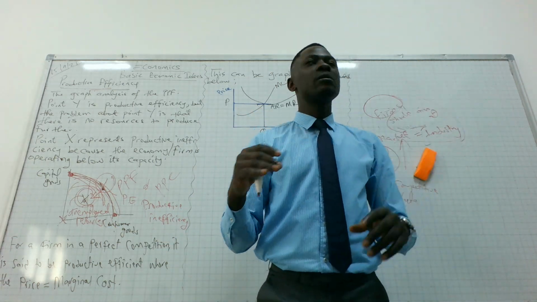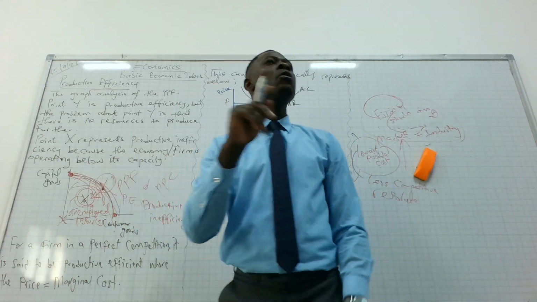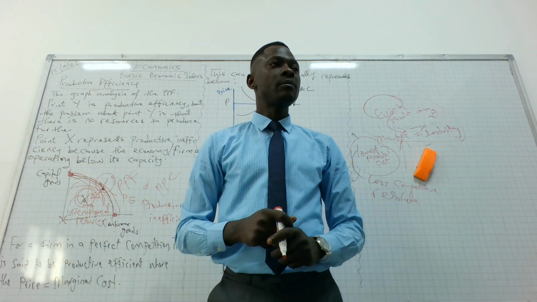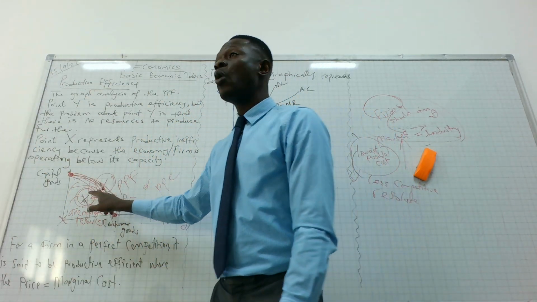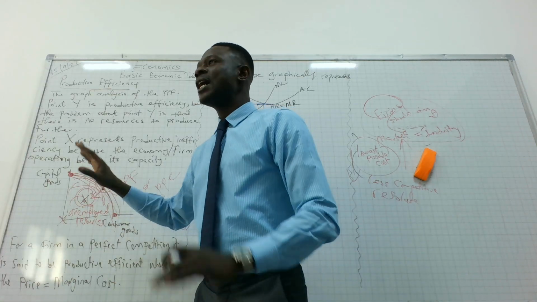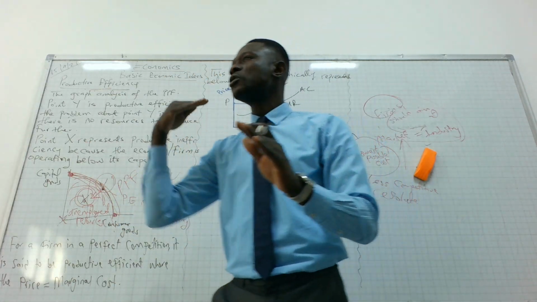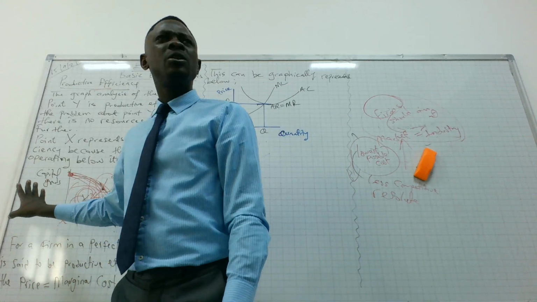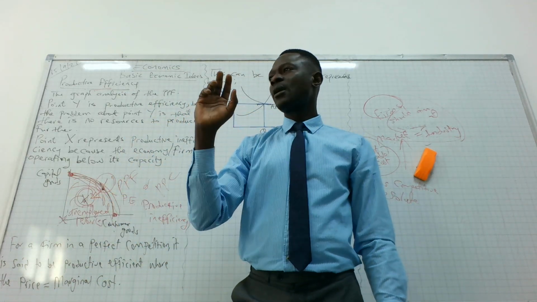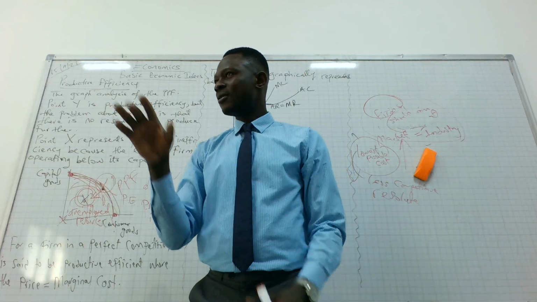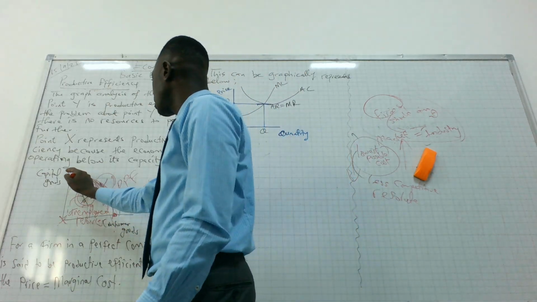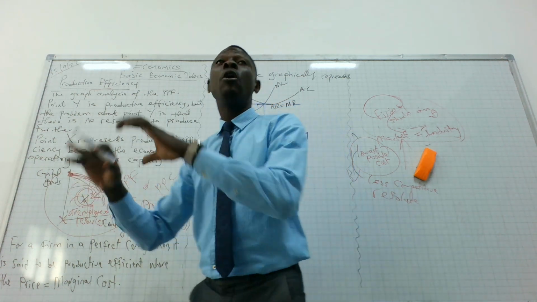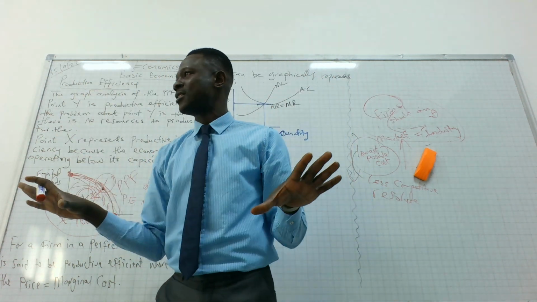But the problem about this point is that there are no resources that you can use to further your production. When you produce at point Y, it simply means there are no more resources available to continue outward of the PPF. That is the problem about Y. Do we get it or not, please? A PPF is a graph that shows the combination of capital goods and consumer goods that can be produced if all resources are fully utilized.